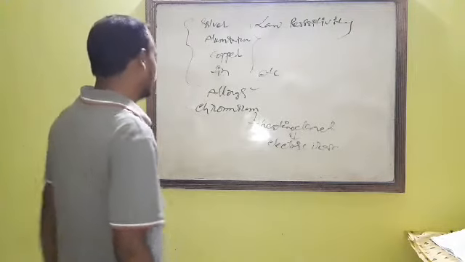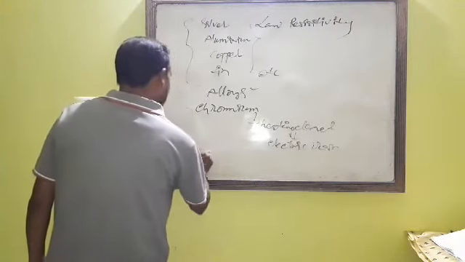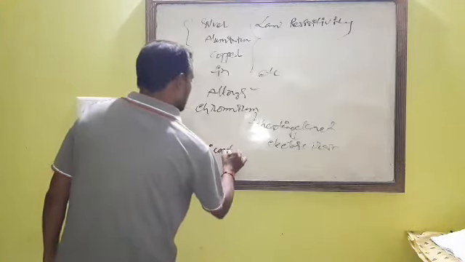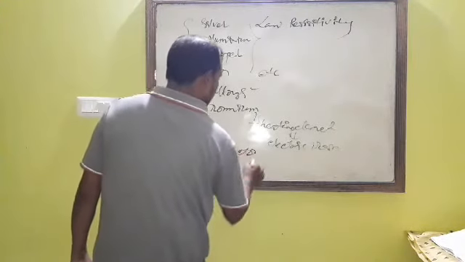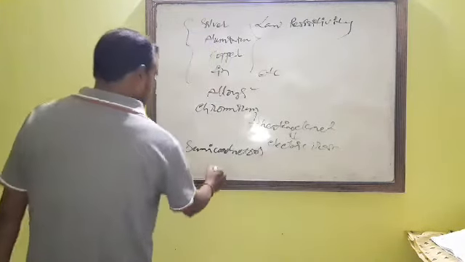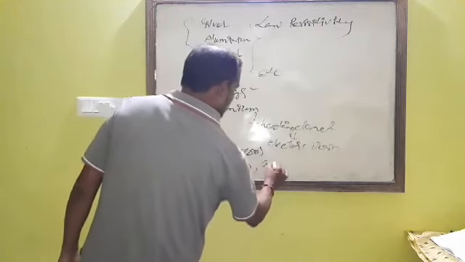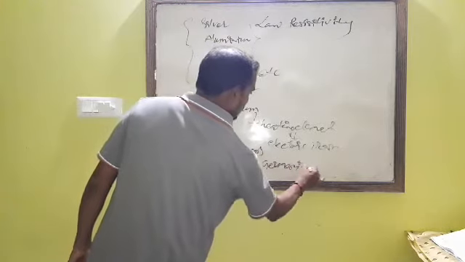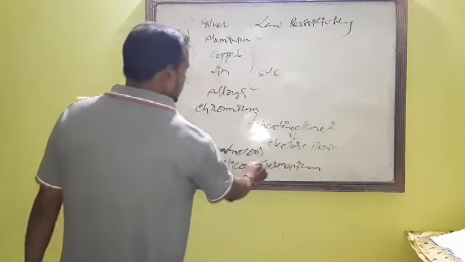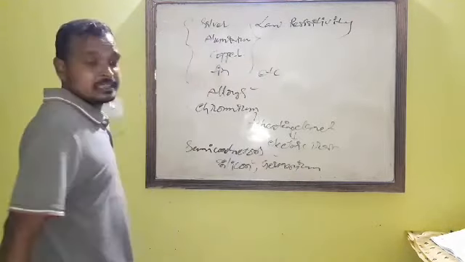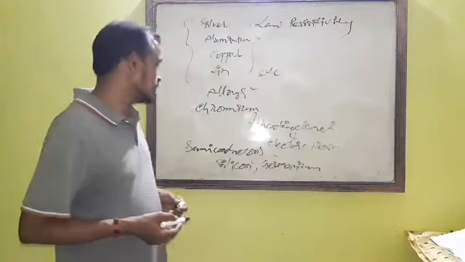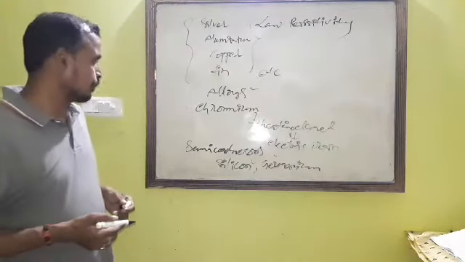Let us come to semiconductors. Which are semiconductors? Silicon and germanium. These are basically used in ICs, meaning integrated circuits, in many electronic instruments.